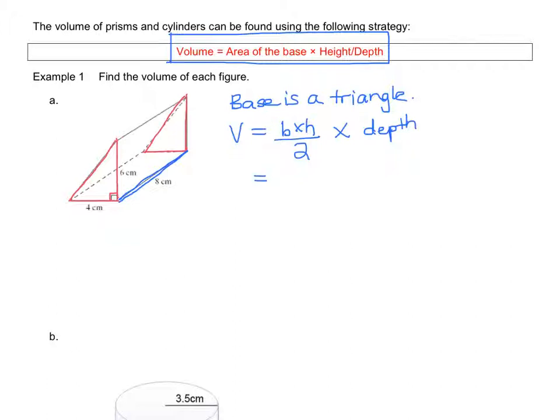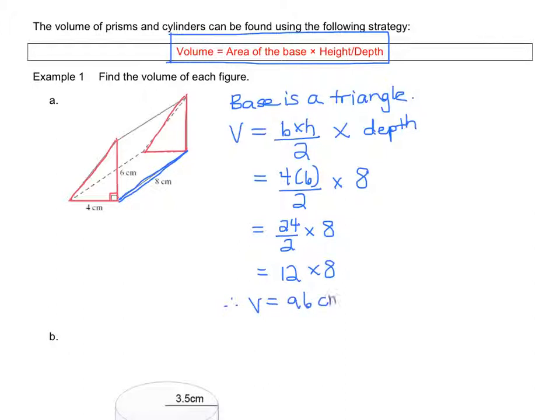Looking at that triangle, the base is 4 and the height is 6, divided by 2. And the depth of this shape is 8. So now we'll simplify that. 24 over 2 times 8, so 12 times 8, so we've got a volume of 96 centimeters cubed.